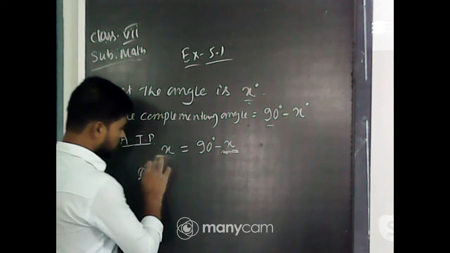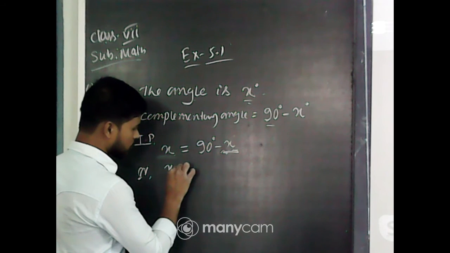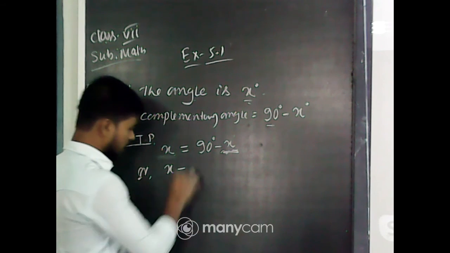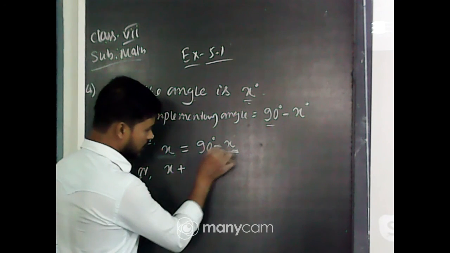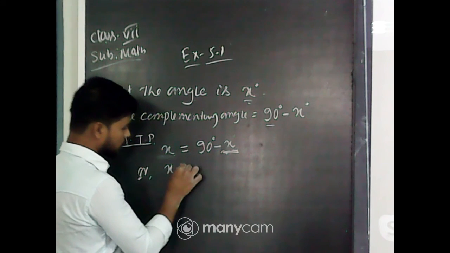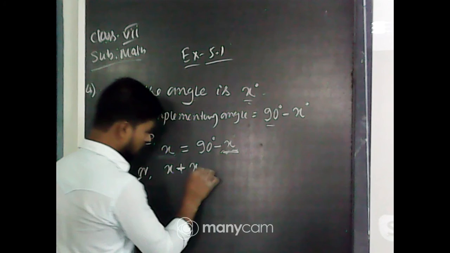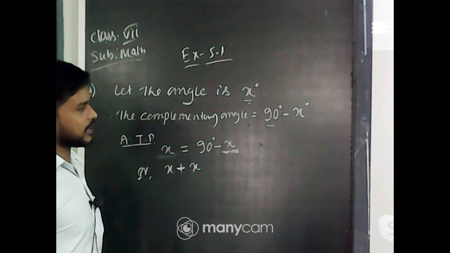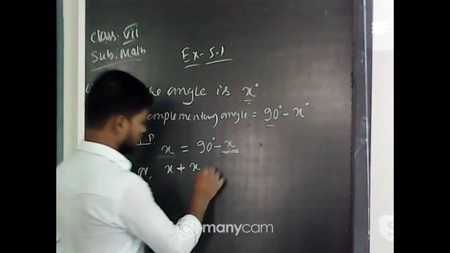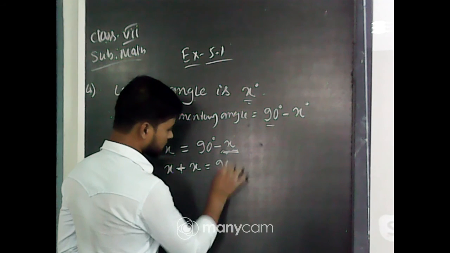We know that when you shift any term from right hand side to left hand side, its sign is changed. Here the sign is negative. When it is shifted to the left hand side, its sign will be changed into plus, that is equal to 90 degree.